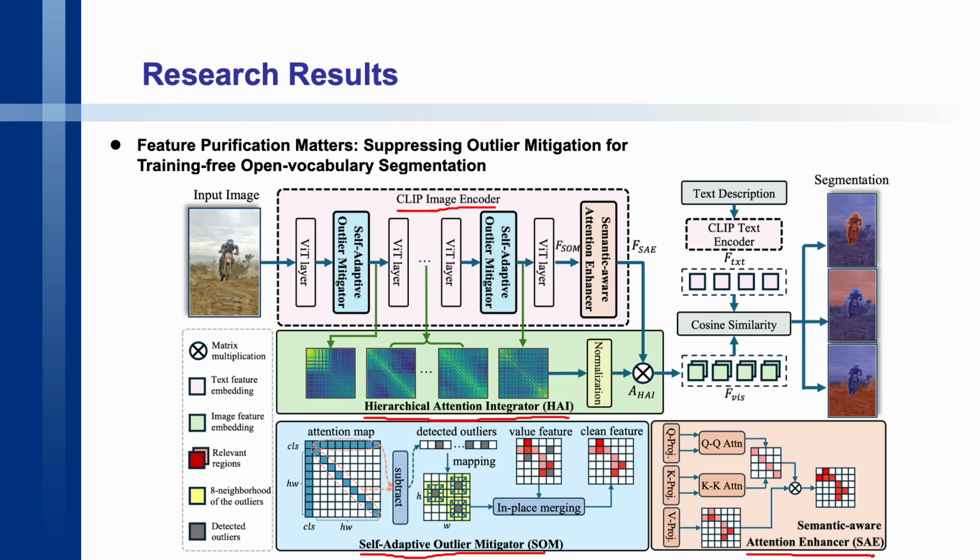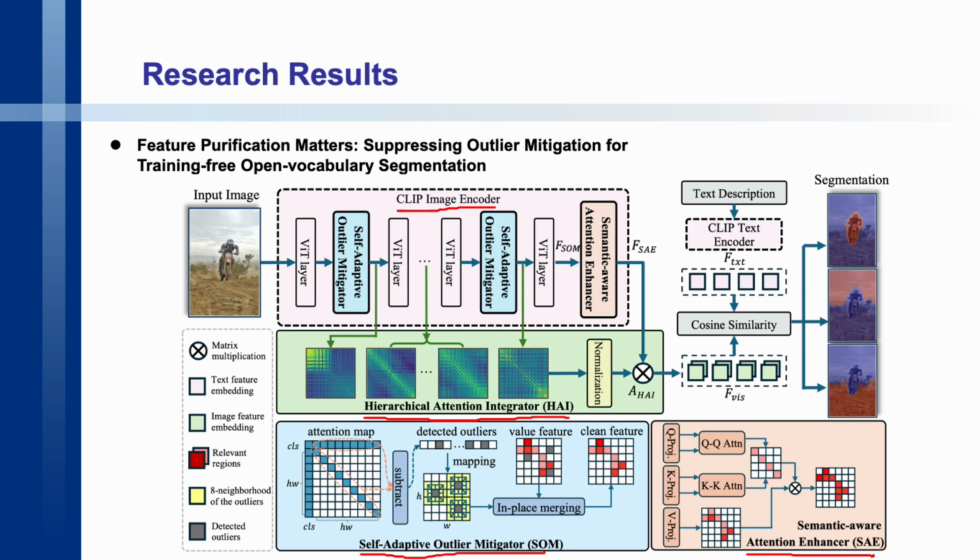First, the image and text descriptions are input to the CLIP encoder for the image feature and the text feature. Within the CLIP image encoder, our SOM is added after each transformer layer to mitigate the outliers and generate the purified feature for propagation. The final feature is input to our SAE, which replaces the final transformer layer.